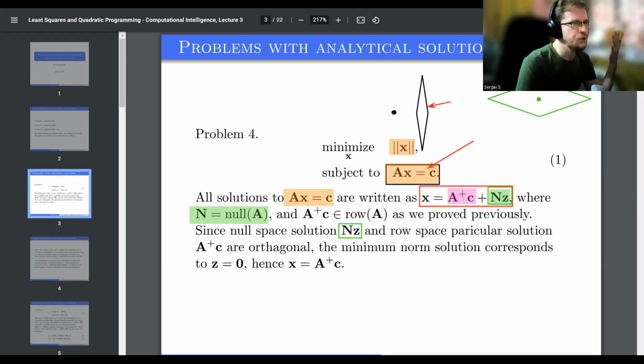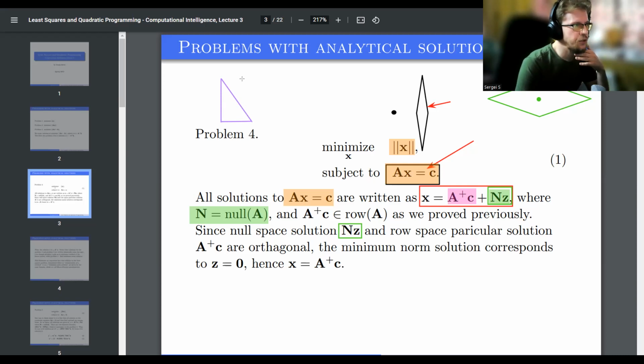Because those two components are orthogonal, and the Pythagorean theorem tells us that if you have one vector plus another vector and they are orthogonal, the sum of those two vectors will be bigger than each of the previous ones. In particular, it will be bigger.